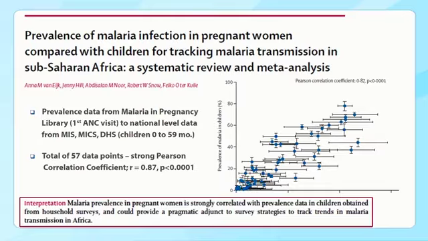And they had a Pearson correlation coefficient of 0.87, which again is quite high. And so they interpret this as meaning that these two data sets are highly correlated to one another, and that there is a potential for pregnant women to serve as a sentinel population for tracking malaria transmission.